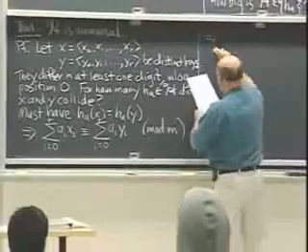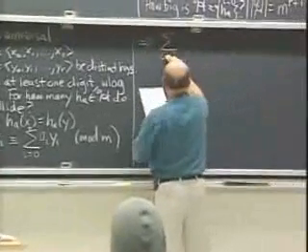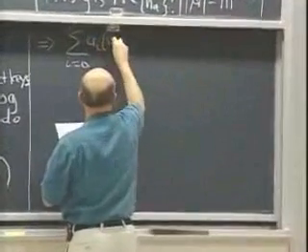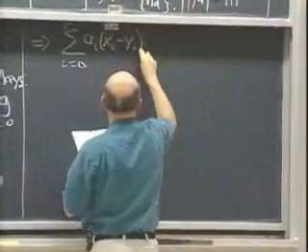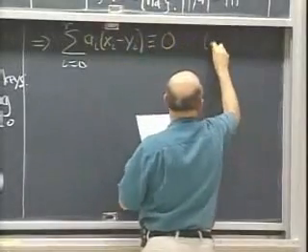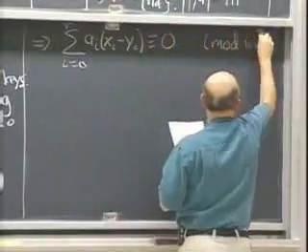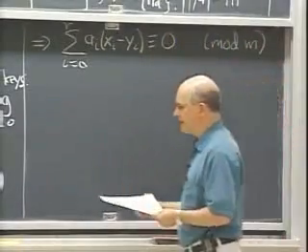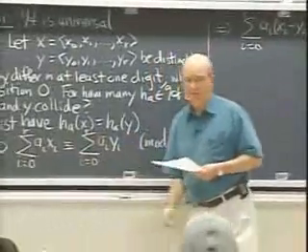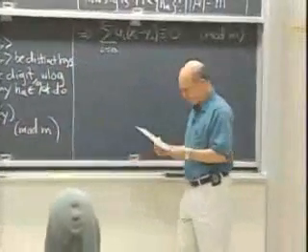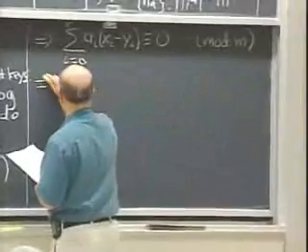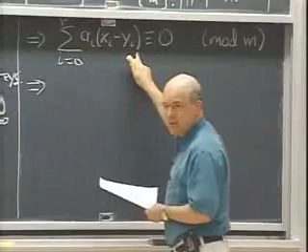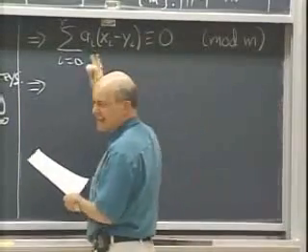Okay? So that implies that the sum of i equals 0 to r of a_i times (x_i minus y_i) is congruent to 0 mod m. Okay, I just threw it on the other side and applied the distributive law. Now what I'm going to do is pull out the 0th position, because that's the one that I care about.